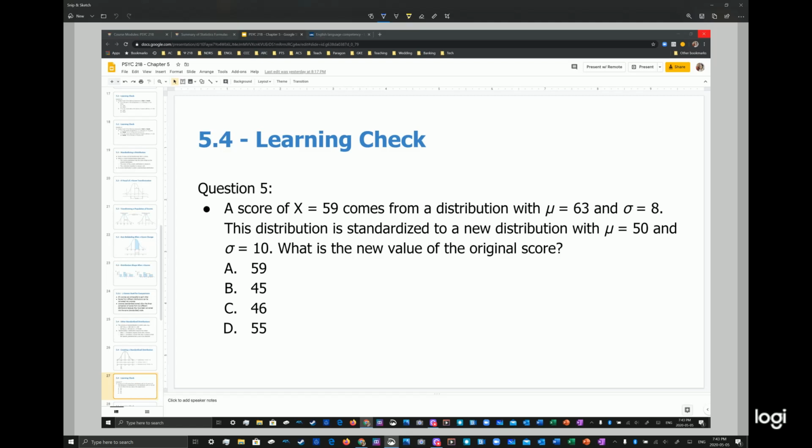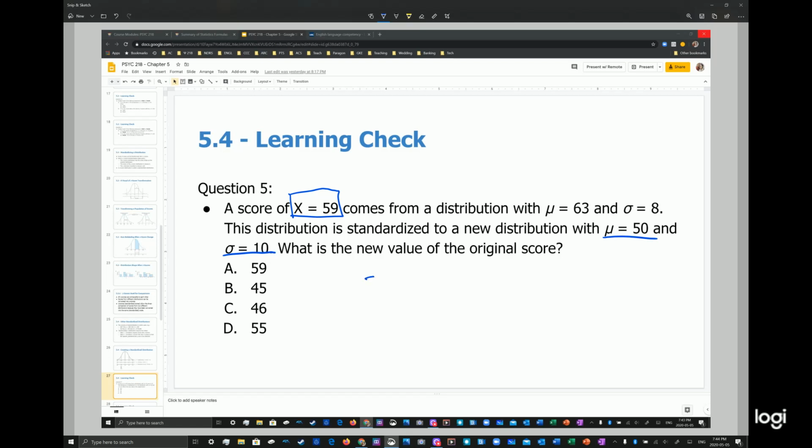So now we're going to standardize it. Give it a new mu and a new sigma. So in the standardized distribution, the mu is now 50 and the sigma is now 10. What is the new value of this original score?